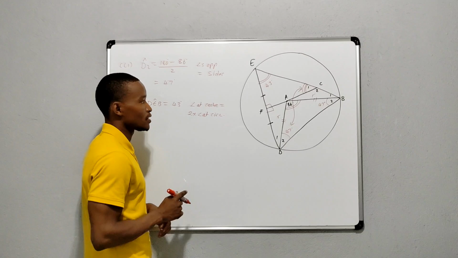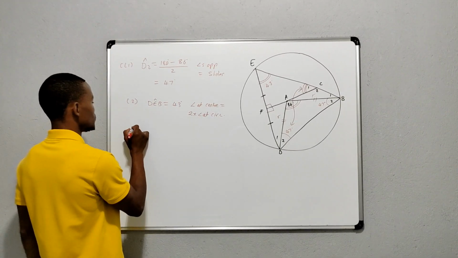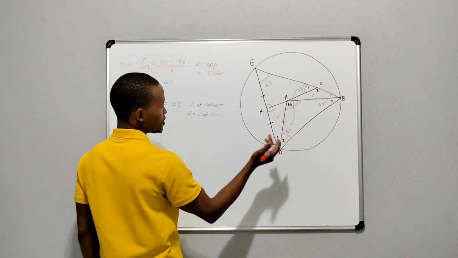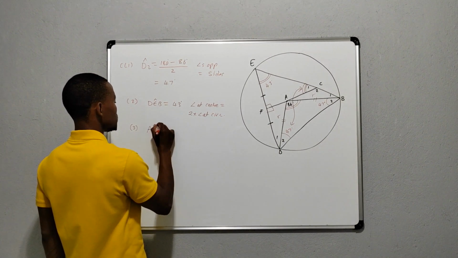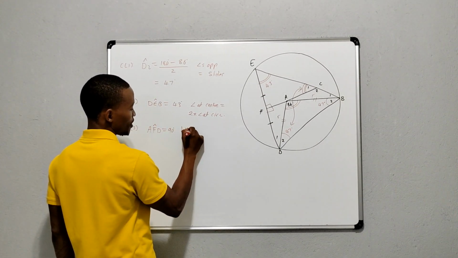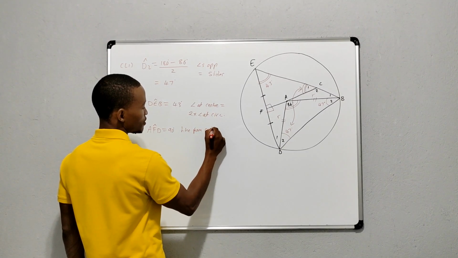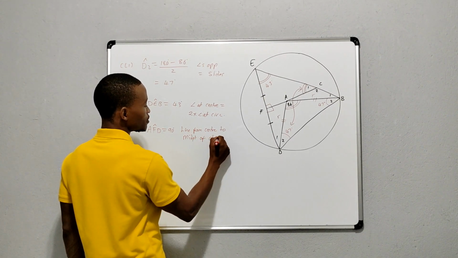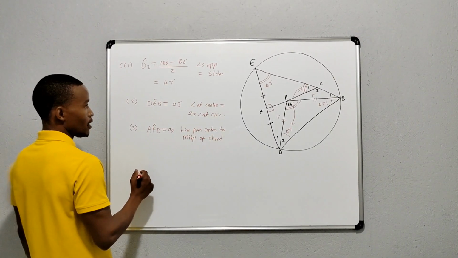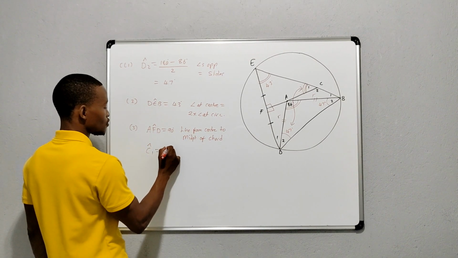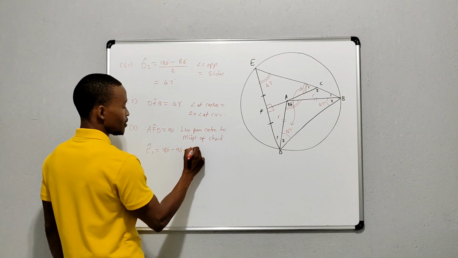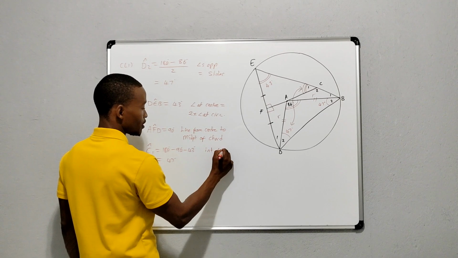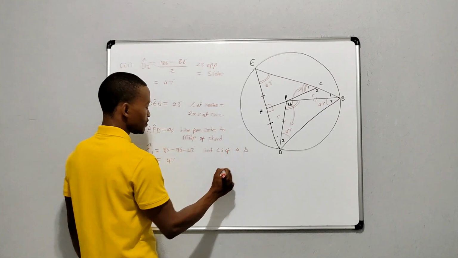All right, so let us write it down and structure it correctly. We can talk about AFD. Angle AFD is equal to 90 degrees, line from center to midpoint of chord. Therefore C1 is equal to 180 degrees minus 90 minus 43, giving us 47 degrees. These are interior angles of a triangle.